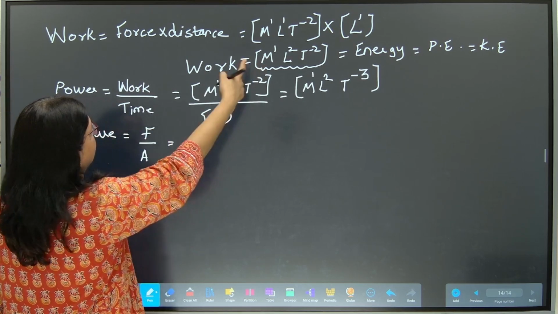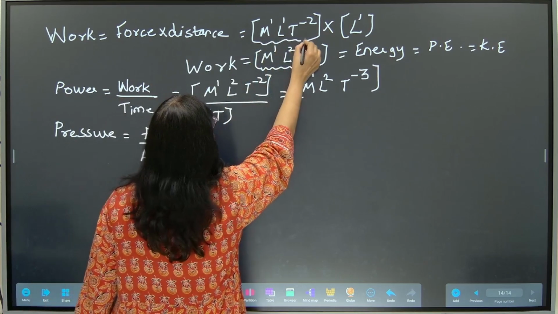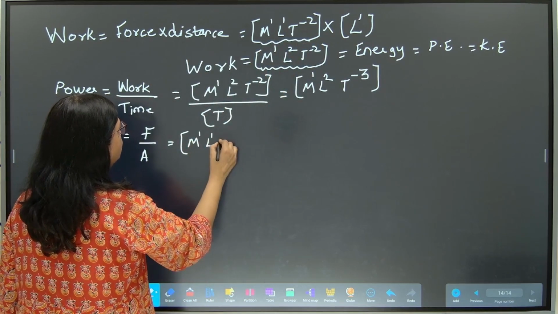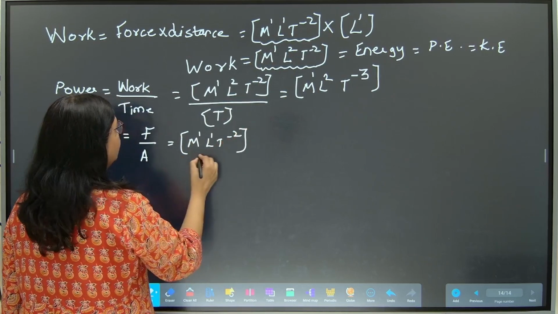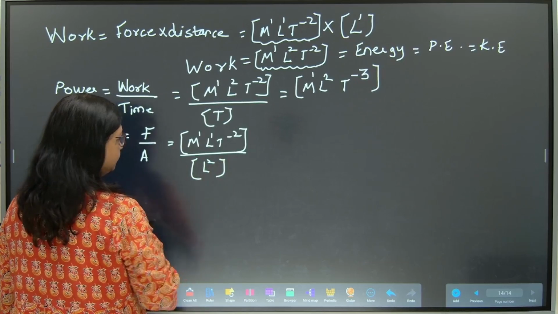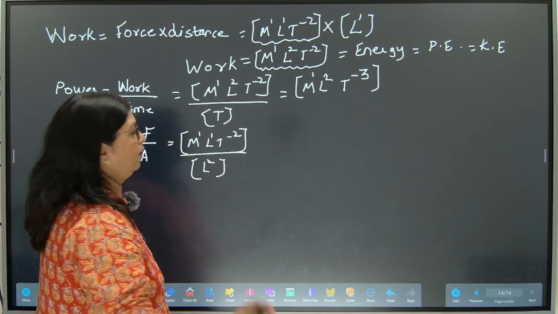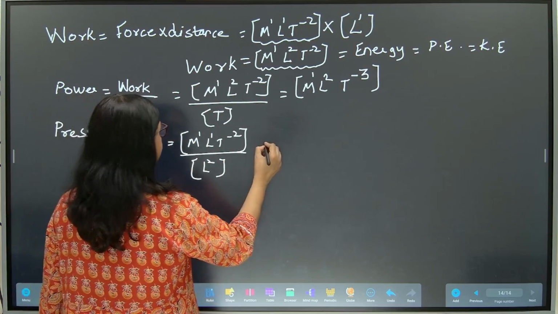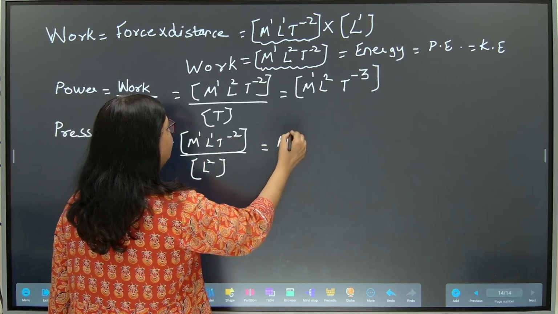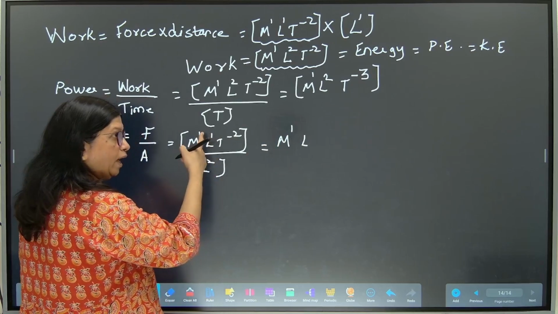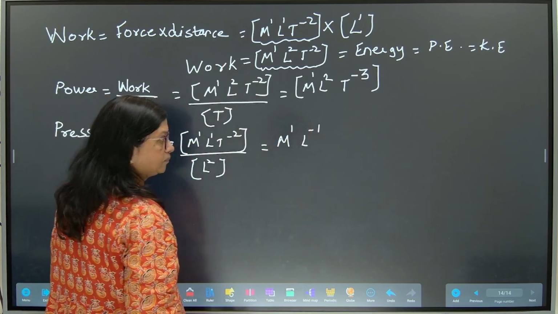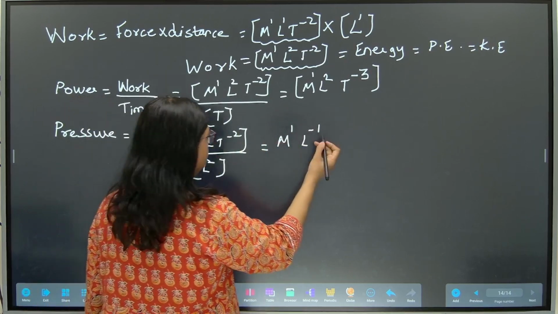So force, as written here, will have the same dimensional formula, M raised to 1, L raised to 1, T raised to minus 2, and area is length square for any body, okay? Meter square, length square, like that you remember. So we have to only work upon length. M, write as it is, length power 1 minus 2, so negative 1.